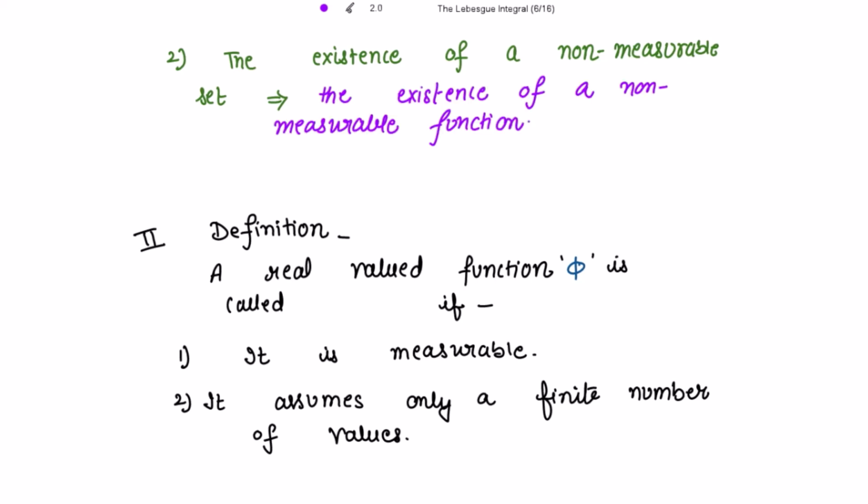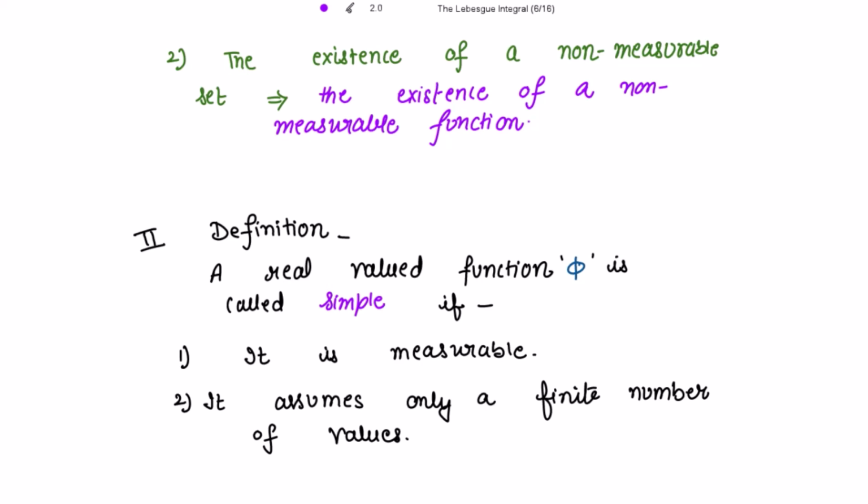Let's move on to the second definition, about a simple function. A real valued function phi is called simple if first it is measurable, and second it assumes only a finite number of values. Finite number of values means its range is finite.